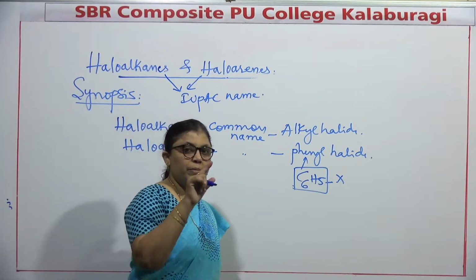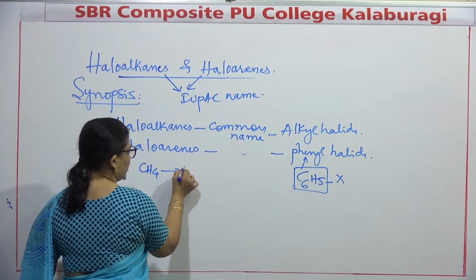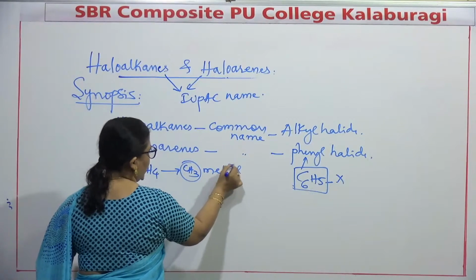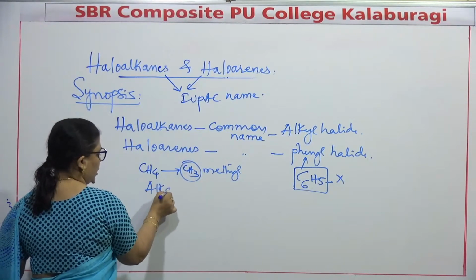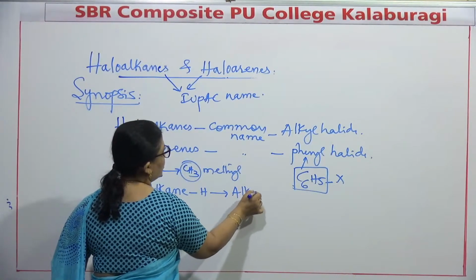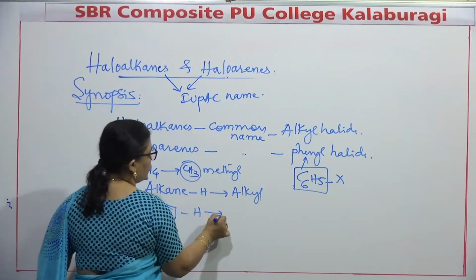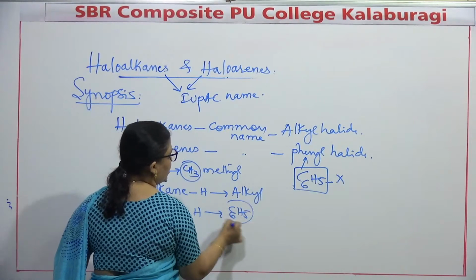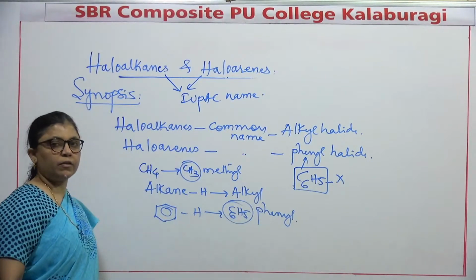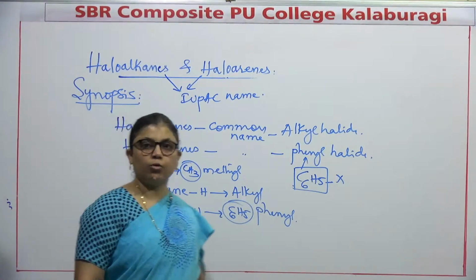As we call methane to methyl, alkane to alkyl, where one hydrogen atom is removed from the alkane to get alkyl, in the same way from benzene, if we remove one hydrogen, we'll get C6H5 as phenyl. Now the question arises: what is haloalkane and haloarene?